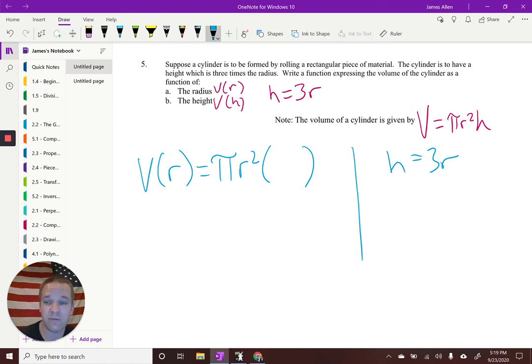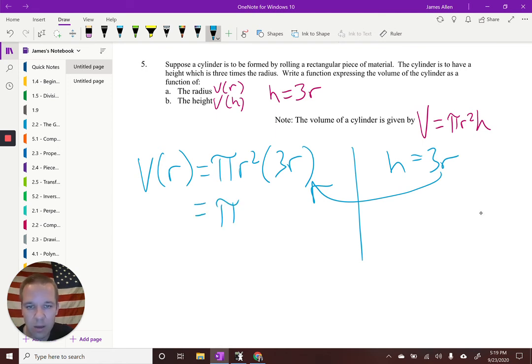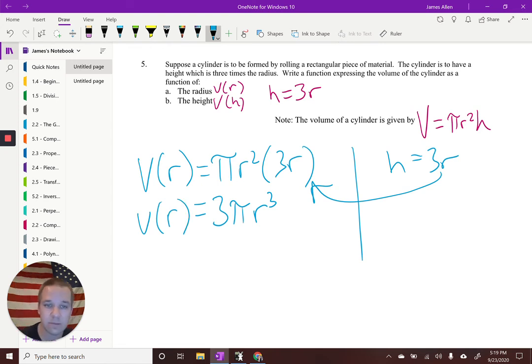Well, that's actually already solved for H, so I can just substitute that right in. 3R. So I'm left with pi R cubed, and actually I'm going to write 3 pi R cubed. Really, you can have these in any order because it's multiplication, but I think that probably looks best. So that's our volume as a function of the radius.